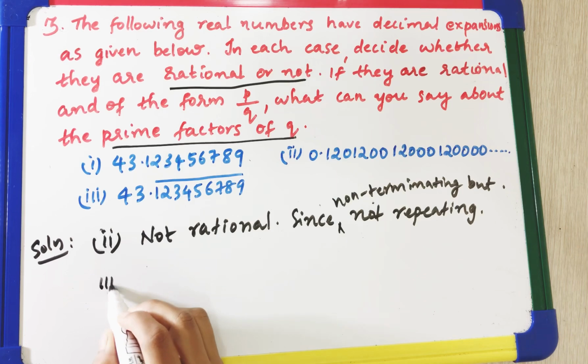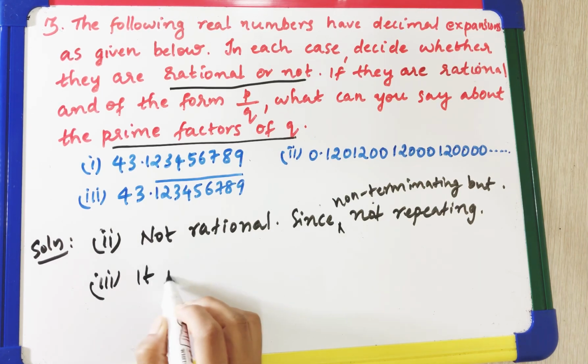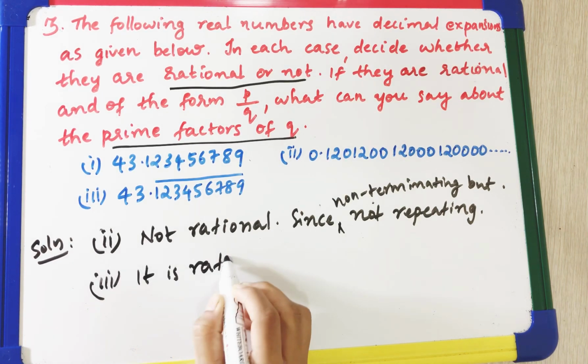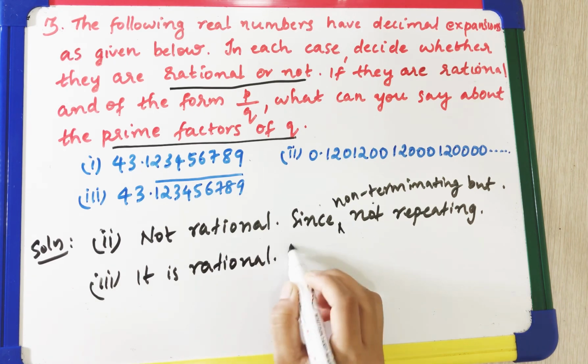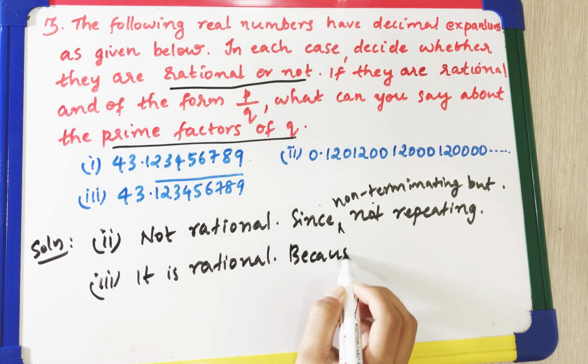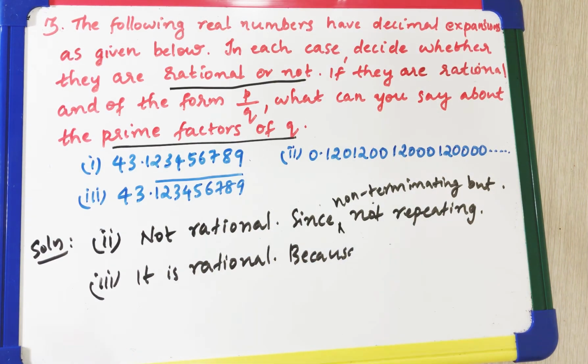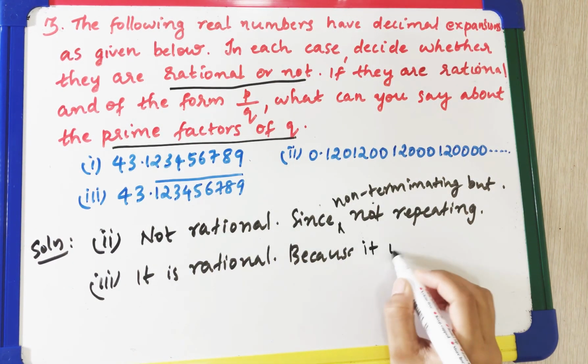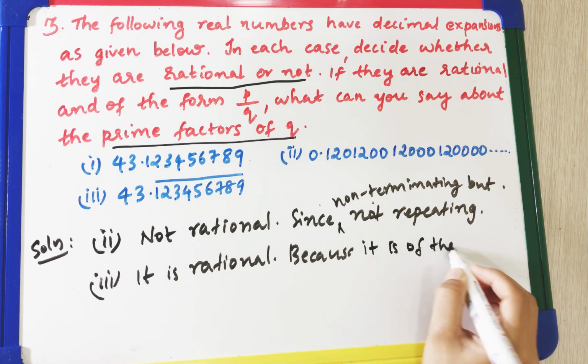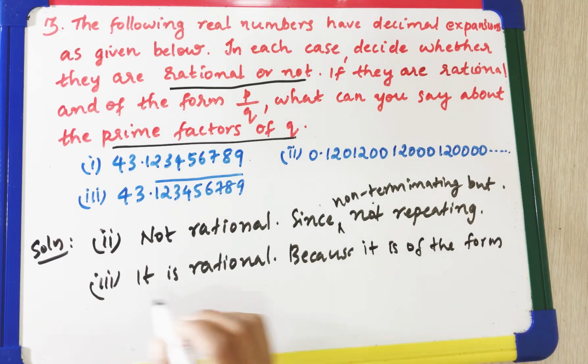We can write it is rational because the decimal expansion is of the form non-terminating repeating.